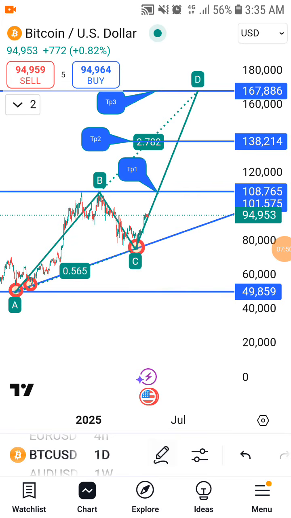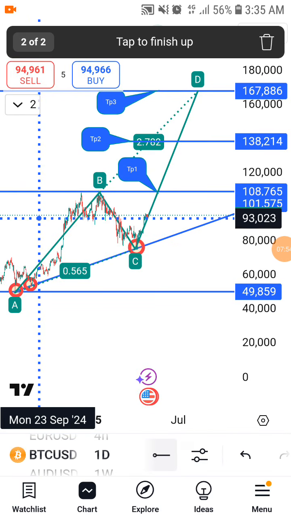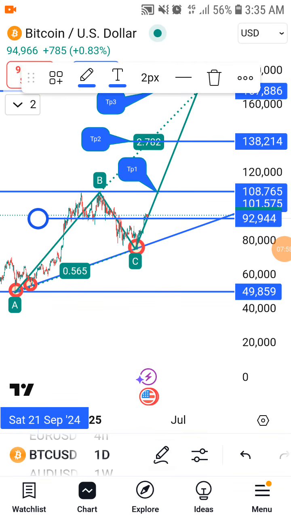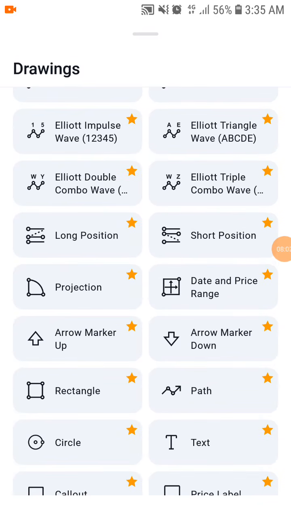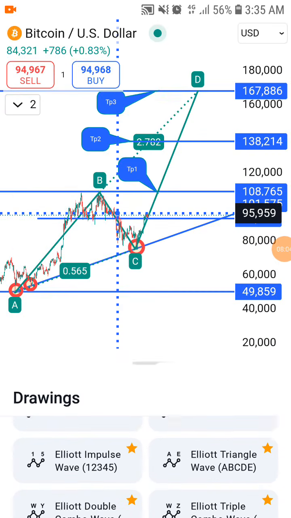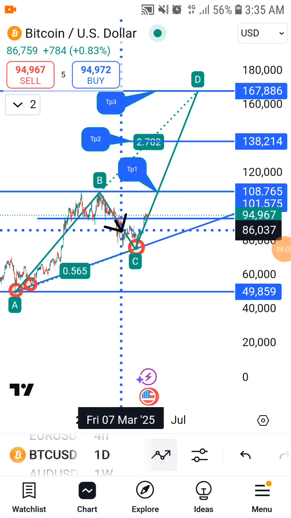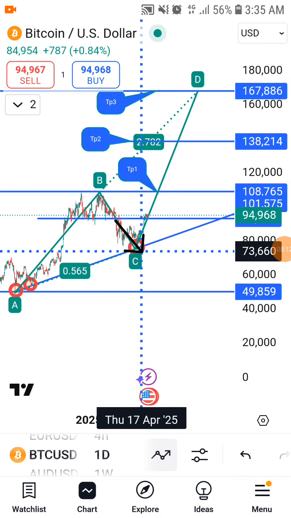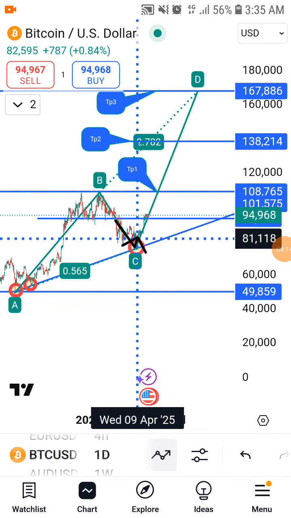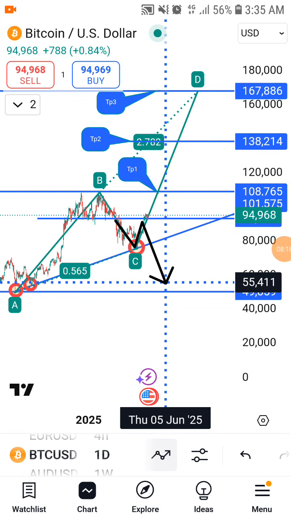Because we had a resistance at this point, which the market broke. Anybody looking at this market will be expecting that, okay, because there is a change of character around this place, this market can probably come up here, come to this very point, and then drop down.